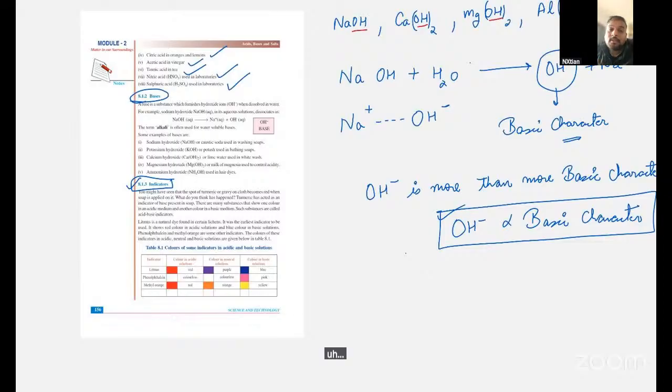One incident happened, so I'll tell you. In fasting, mummy makes that sabudana khichdi. You know sabudana, those white pearls, white rounds.